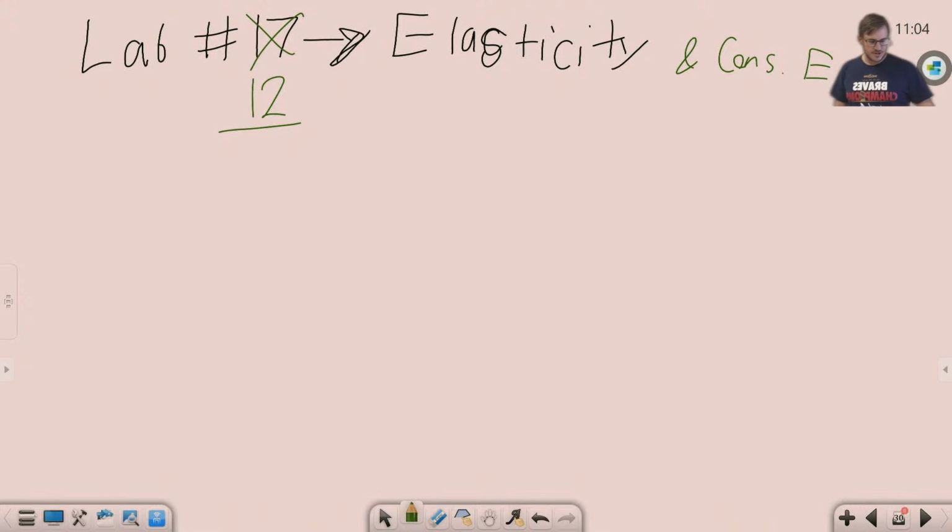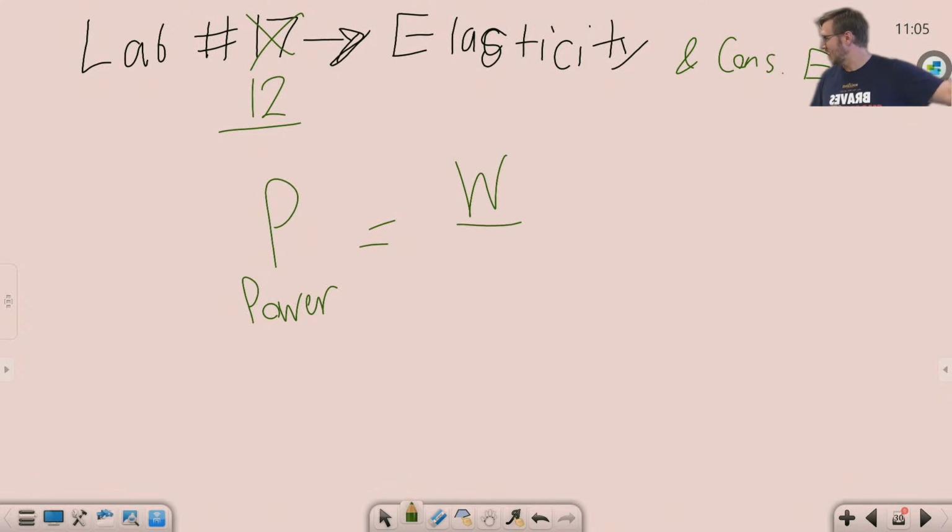There's one more equation in this unit, and that is power. P is for power. Power is the amount of work done over time. If you expanded that equation, you can end up with this huge thing.